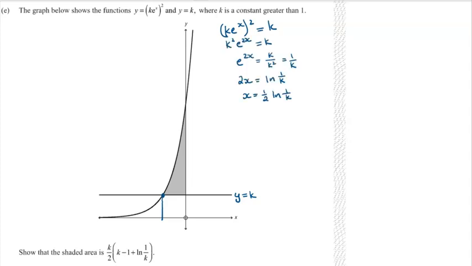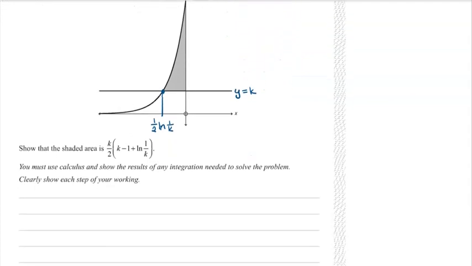So this coordinate down here is a funky looking one: half the natural log of 1 over k. Now we can go about doing our integration to find the area under the curve.